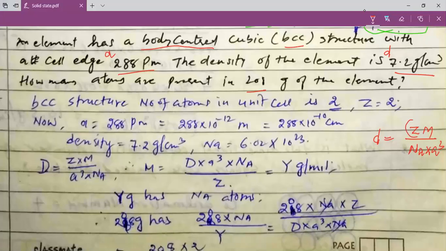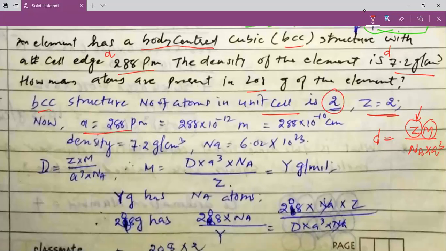That means we need to first find out the Z that is present in 1 unit cell, and then on the basis of the molecular weight we can find out how many atoms are present in that particular gram. So for BCC, let us solve this problem. For BCC structure, number of atoms per unit cell is equal to 2. So Z is equal to 2, that is what we are well aware of.